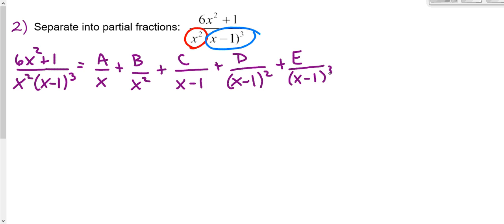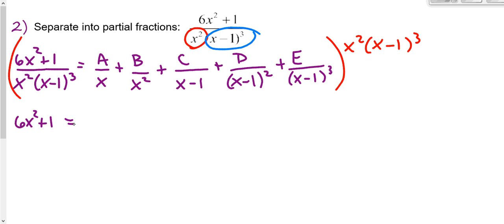Okay, let's multiply both sides of the equation by x squared and by x minus 1 quantity cubed. So we will have 6x squared plus 1 equals a times x minus 1 quantity cubed. See, the x canceled with one of the x's. Then we will have b times x minus 1 quantity cubed.